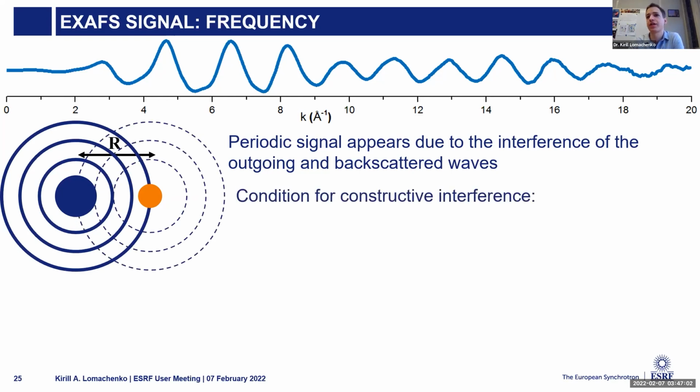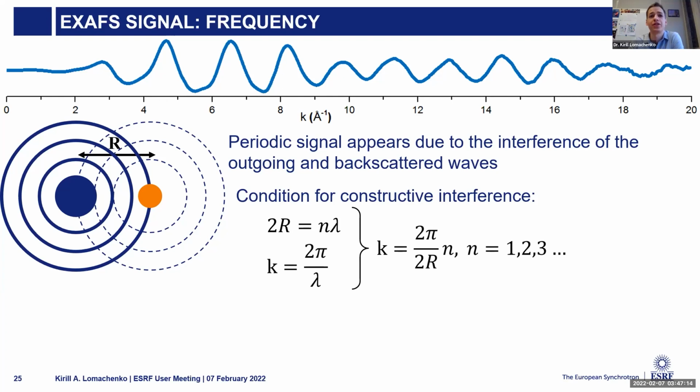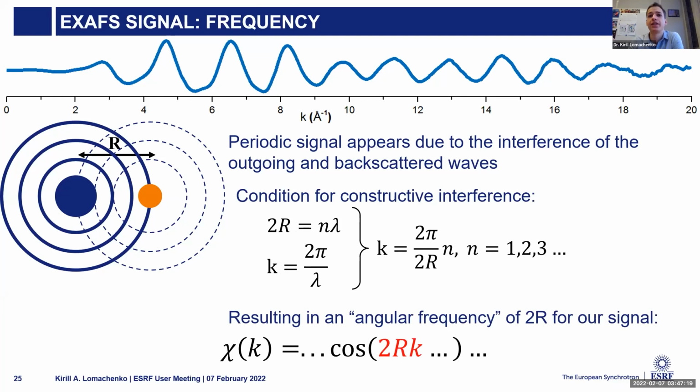So the condition for constructive interference in such a case is that twice the interatomic distance should be equal to an integer number of wavelengths of our photoelectron. Combined with the definition of the wave number, we can get the interference condition, and this interference condition would be satisfied if you put 2R as a frequency in our expression. So we're going to have a cosine of 2Rk.